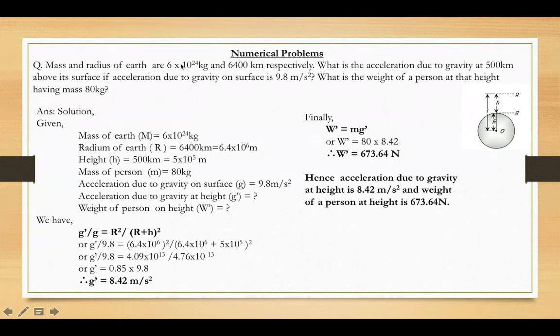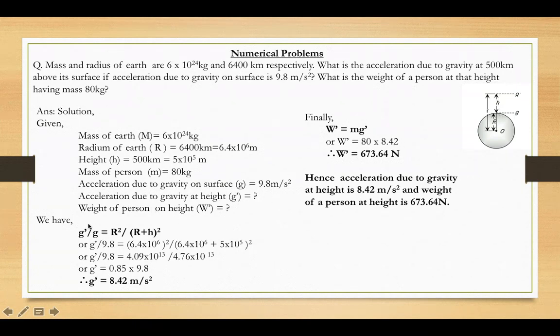Mass of Earth, this one, radius of Earth 6400 kilometers, which you have to convert into meters, and height is given as 500 kilometers, again converted into meters, and mass of the person is 80 kg, small m. You are also given acceleration due to gravity on the surface of Earth as 9.8 meter per square second. Now you have to calculate acceleration due to gravity at this height and weight of the person at that height.